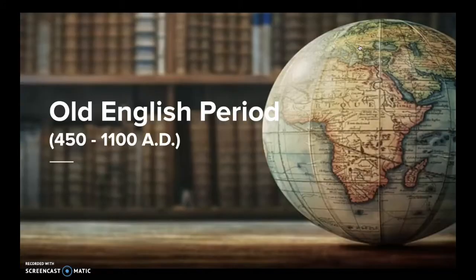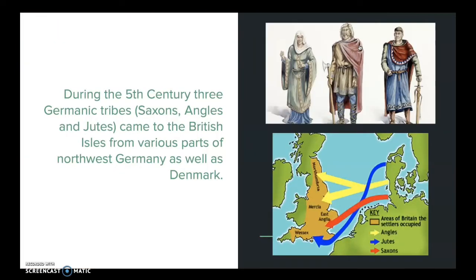First of all, we will start with the Old English period, which is from 450 AD to 1100 AD. During this period of time, around the 5th century AD, three Germanic tribes, the Saxons, the Angles, and the Jutes, came to the British Isles from various parts of northwest Germany, as well as Denmark.